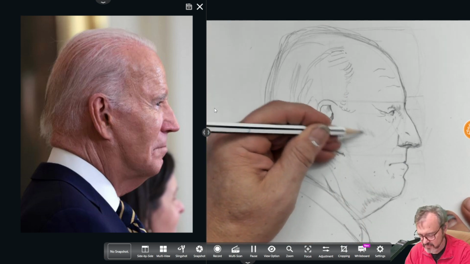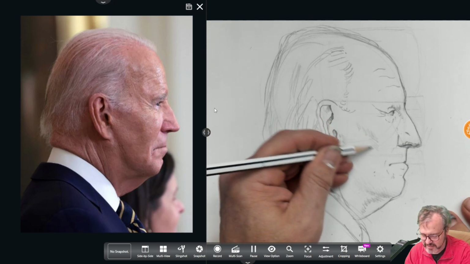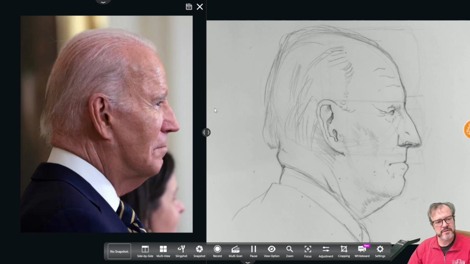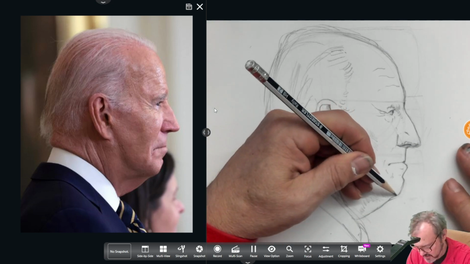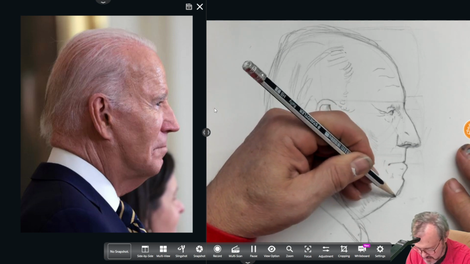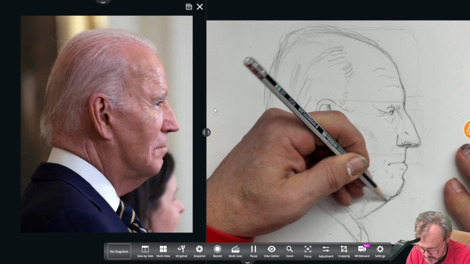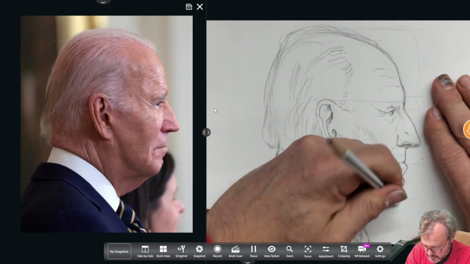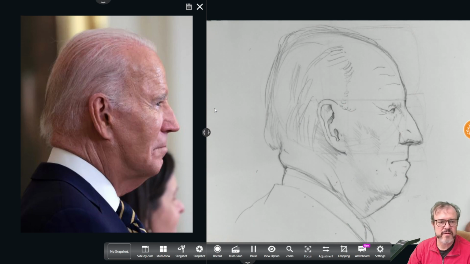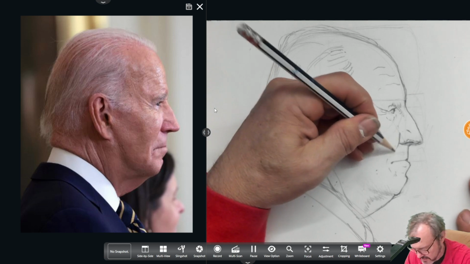We've got a little shading to do under the cheekbone here. And his chin even cuts back a little further. It's sort of what you would call a weak chin. That's a little better, isn't it?